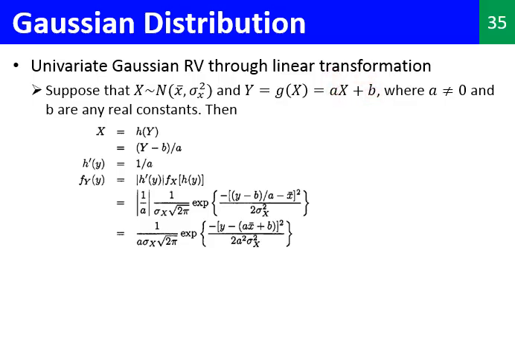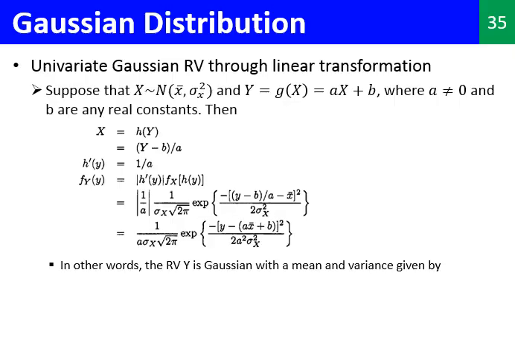And if we consider the derivative of h(y), we get 1 over a, right? And from what we learned previously, we can find the probability density function of y using this equation. So this one is 1 over a, and here we have the Gaussian distribution for x, where we replace x by this guy. Okay, and as a result we obtain this equation, which is a Gaussian as well.